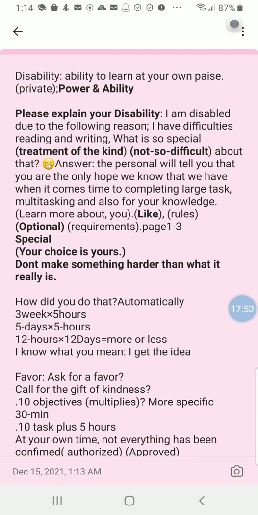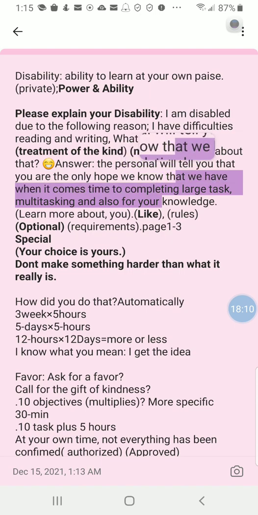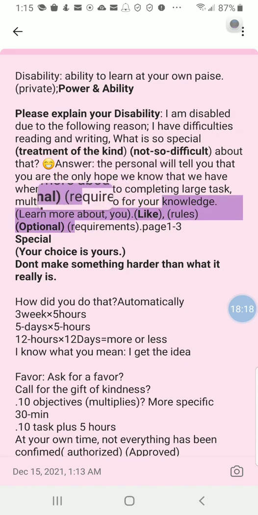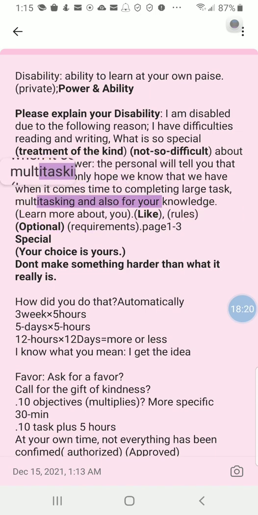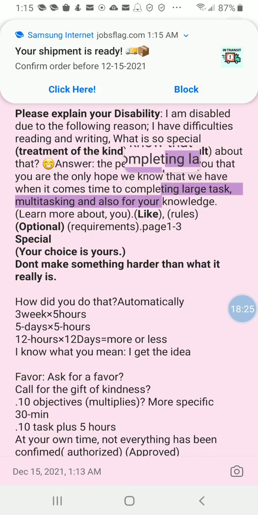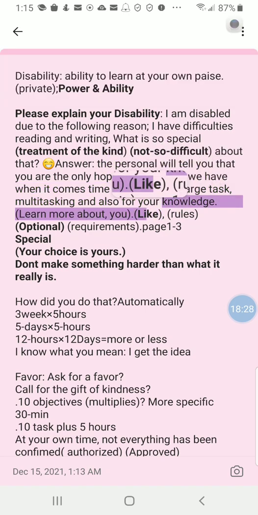People may say you may have better luck the first and second time, but still, when we speak about disability, I talk about knowledge right here. A lot of times when we speak about disability, it's about multitasking, and knowledge, for anything personal, for completing an important task.